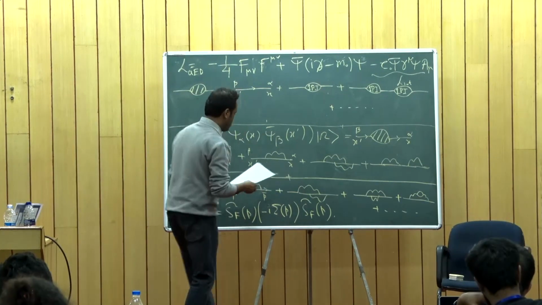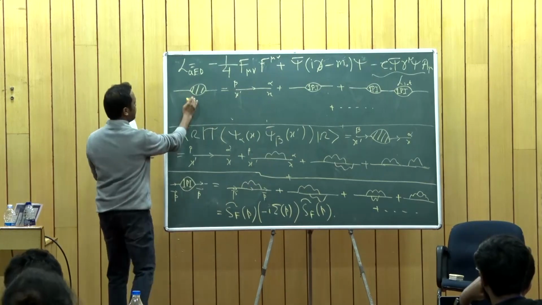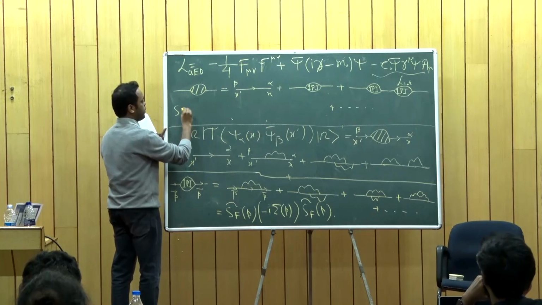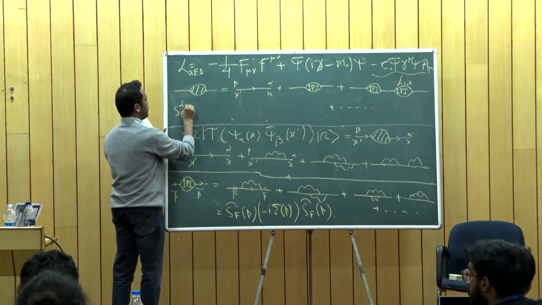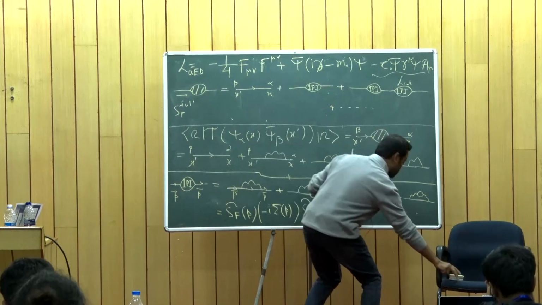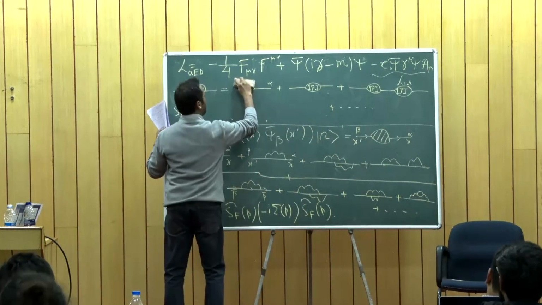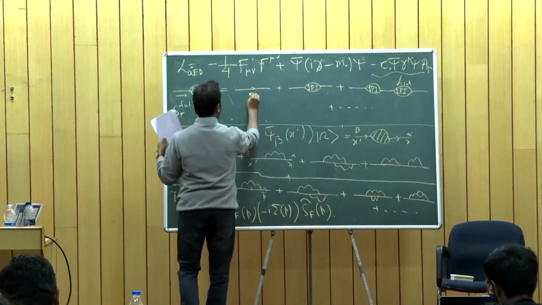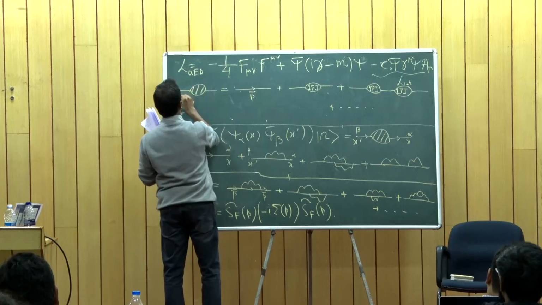Okay, so if I give this full propagator in the interacting theory a name, in momentum space all these things will be replaced by a momentum label.